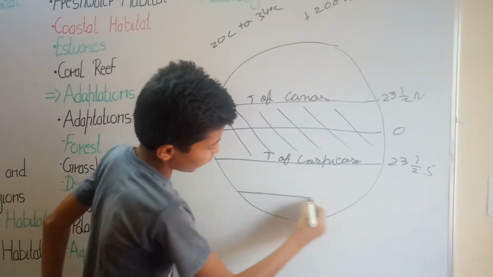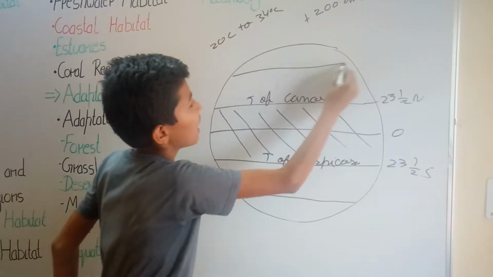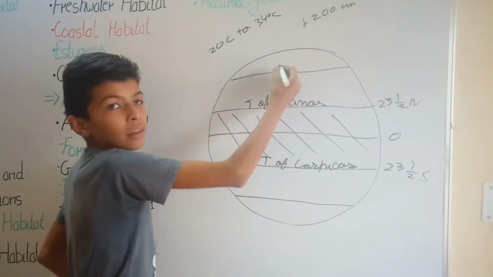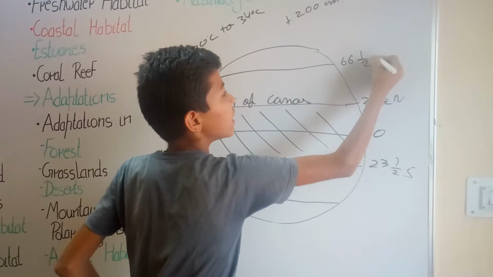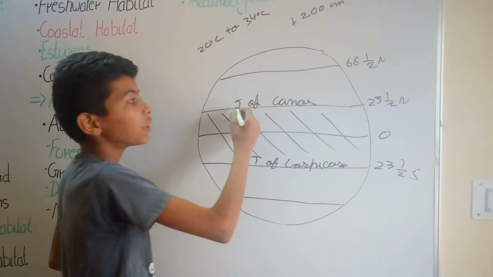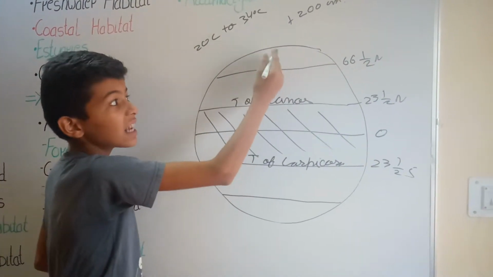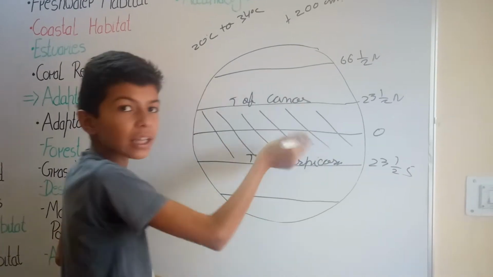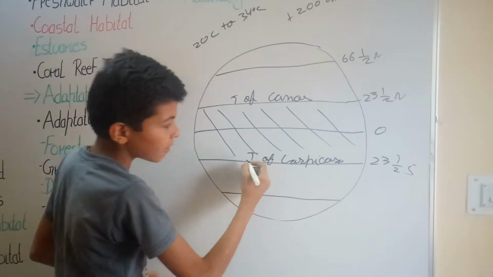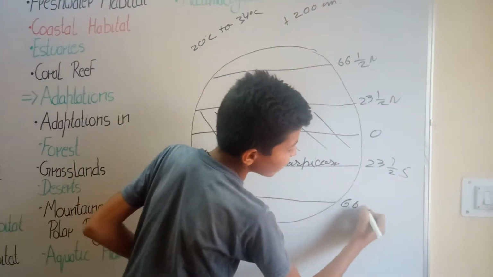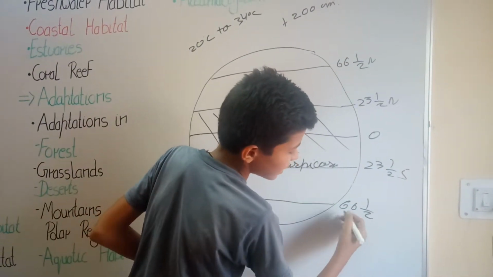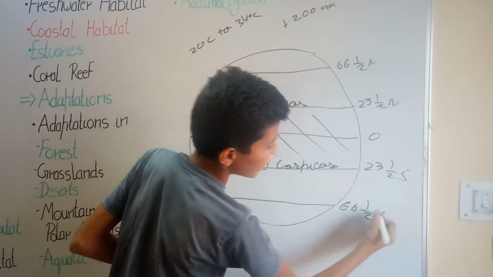Then we have the temperate forest. Temperate forest lies between the Arctic Circle, which is 66.5 degree in the northern hemisphere, and the Tropic of Cancer in the northern hemisphere, and in the southern hemisphere between the Tropic of Capricorn and the Antarctic Circle, which is 66.5 degree in the southern hemisphere.